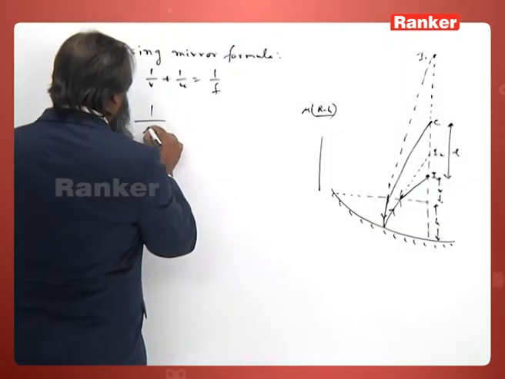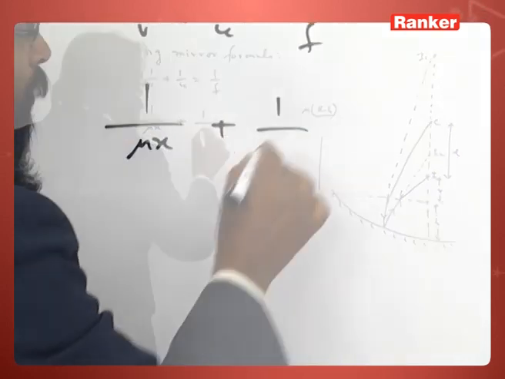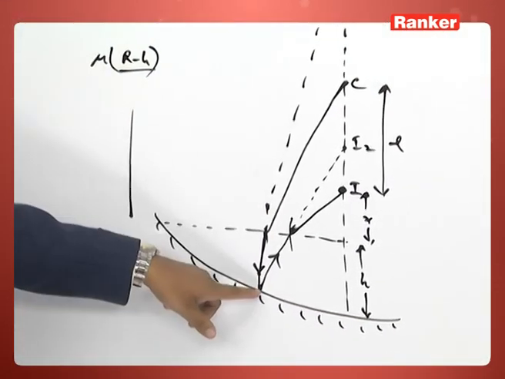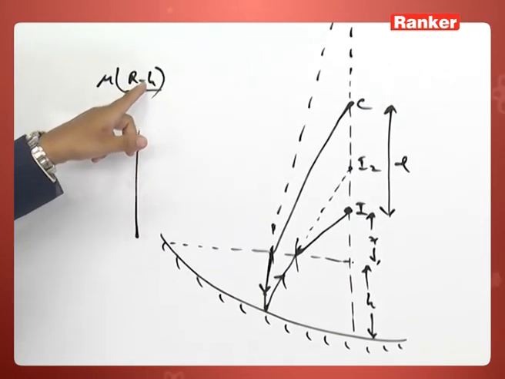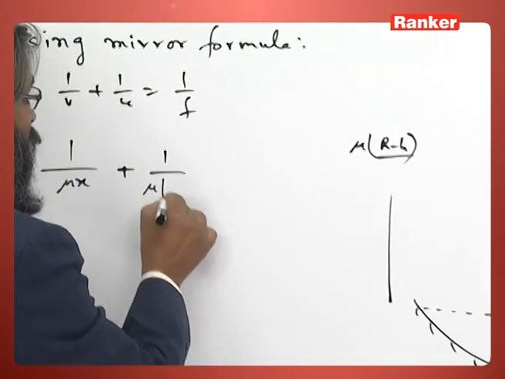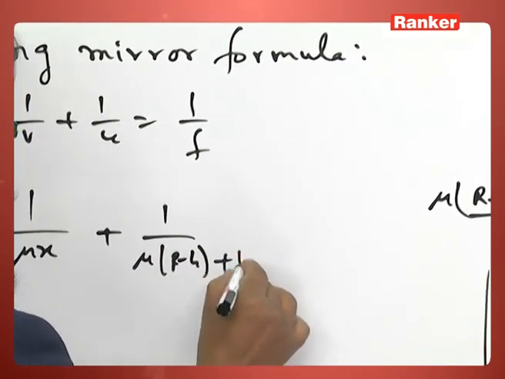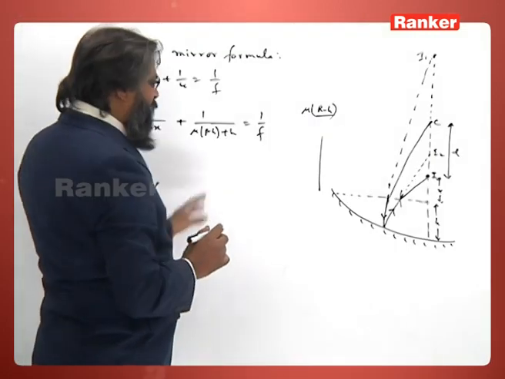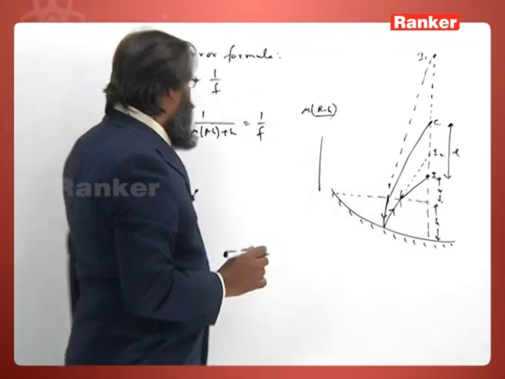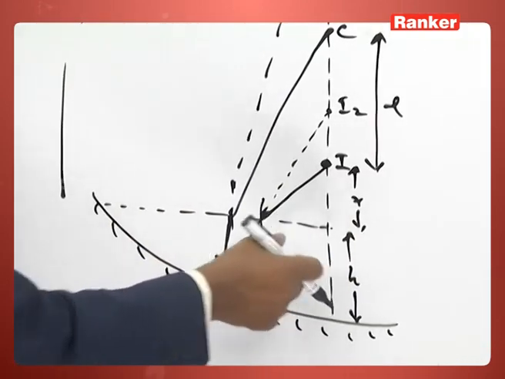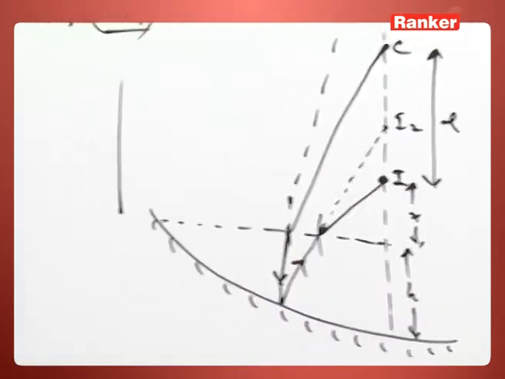So I will write v as mu x. What is u? Because of only the mirror, the object is I1, that is from this place it is mu times (r minus h), but from this place again plus h. So it will be mu times (r minus h) plus h, equal to 1 by f. Let us neglect this h. This is small, as the water is up to a very small height, so this h can be neglected.